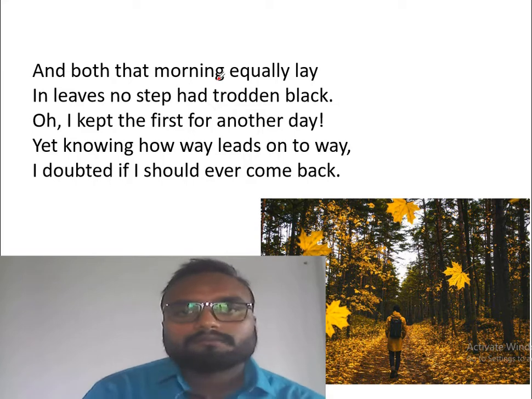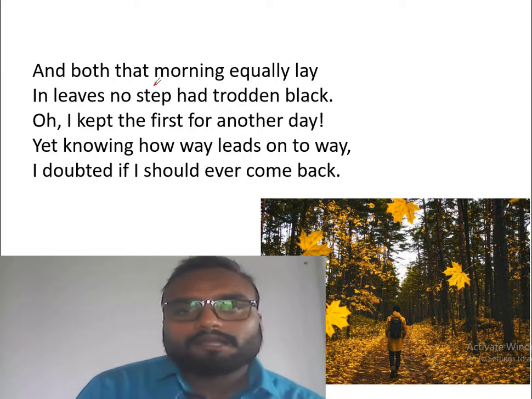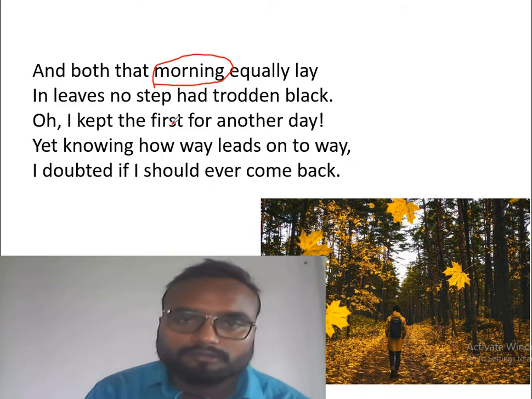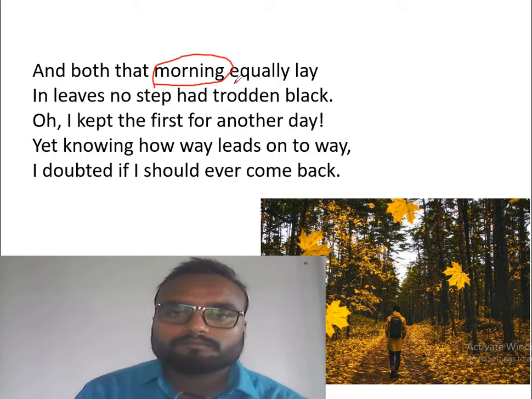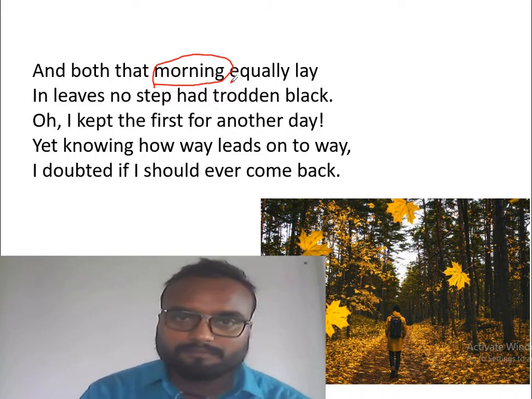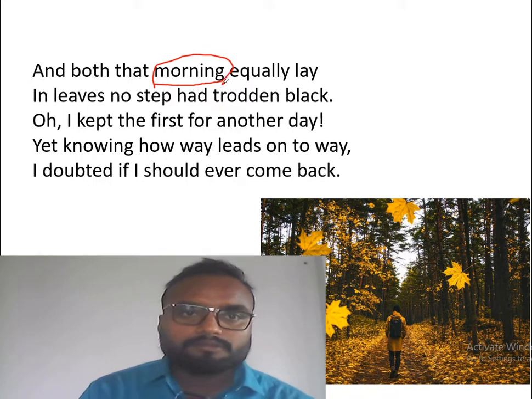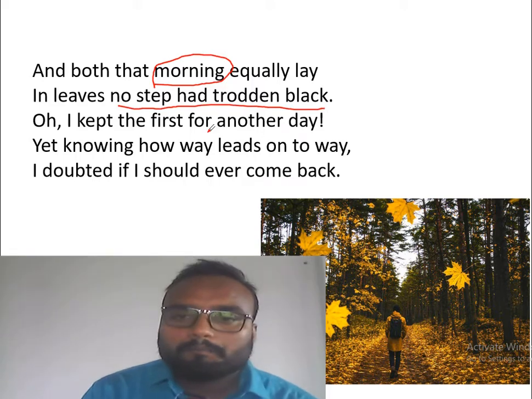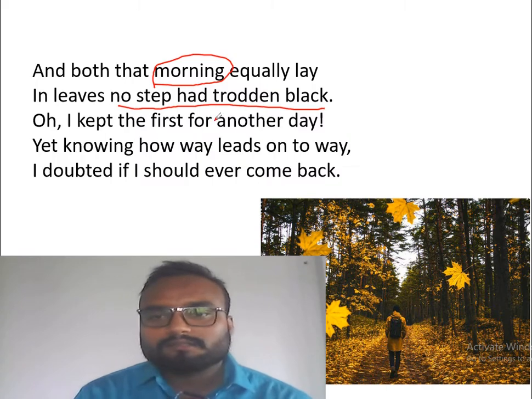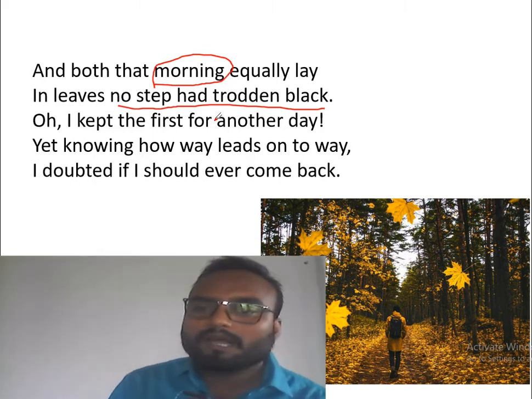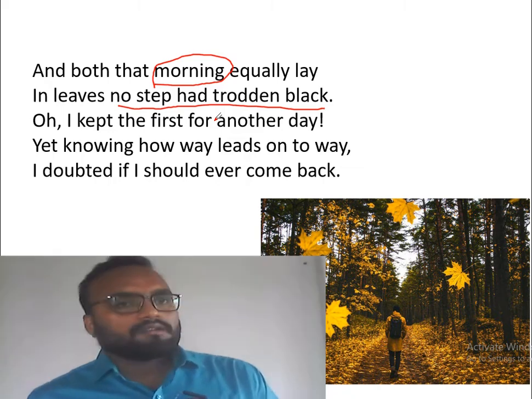In the starting line of this paragraph, morning stands for sun, rain and other natural things, that is, natural vegetation, the gift of God. He says that on both paths nature has bestowed its blessing equally. Nature has not differentiated. But in leaves no step had trodden black. It means, suppose there is a land full of grass and you start standing at a particular point every day, then the grass at that place will die, and it will become a sign that someone has come to this point.